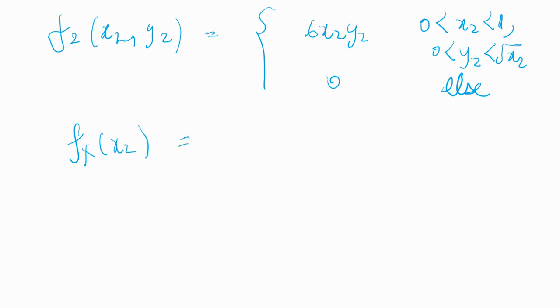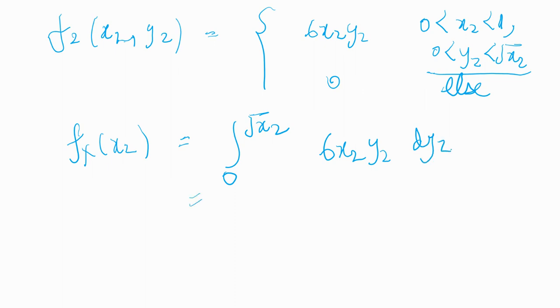For the marginal of x, we integrate over the limits of y. So 6x2 y2 and then integration over y. So this is constant, this is variable. For y2, it is y square upon 2. So this is 6x2 and y square upon 2 will be just x2 upon 2. So it will be 3x2 square.